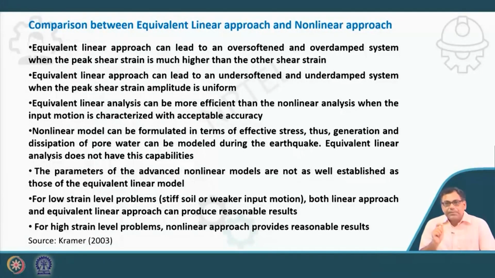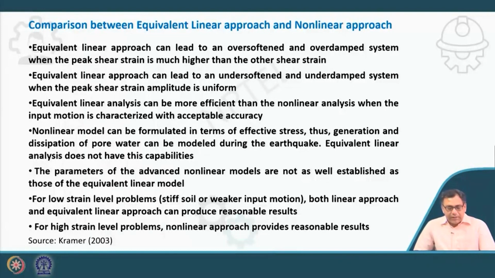Now, if the peak shear strain of the system is much higher than the other shear strains, then the equivalent linear approach will give you an over softened or over damped system. But if your peak shear strain is uniform in nature, whereas in the previous case there was high variation, then the equivalent linear approach can lead to an under softened or under damped system when the peak shear strain amplitude is uniform.